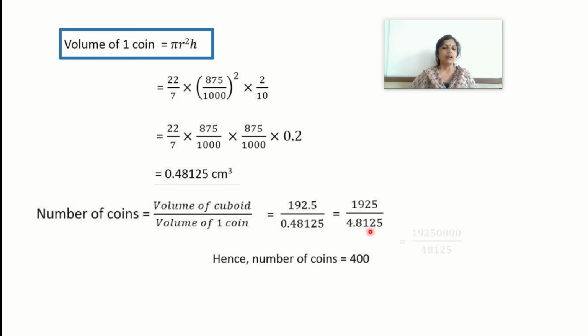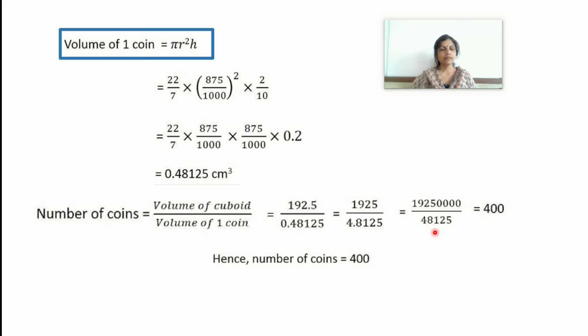So if we take out the decimal point from the denominator, those many zeros will go to the numerator and we'll get the value as 19250000 upon 48125. You can again reduce this to the lower term and we'll get the answer as 400. Therefore, the number of coins which should be melted to get a cuboid is equal to 400.